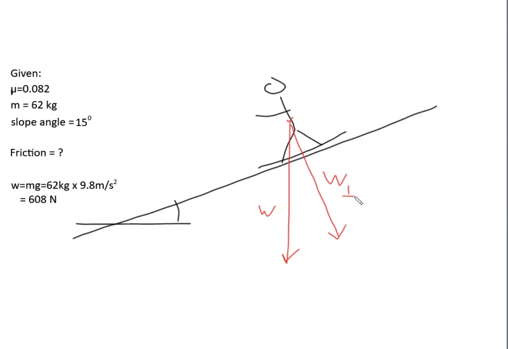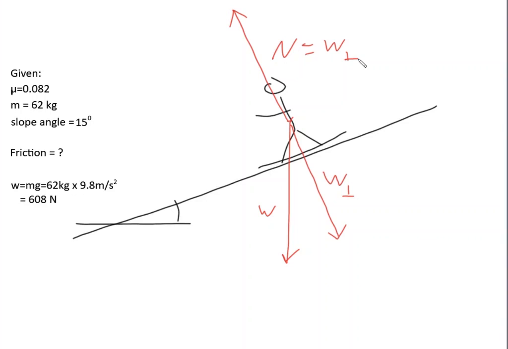Because the perpendicular component matches the normal force, how the surface pushes back against the skier. The normal force is equal to the perpendicular component of the gravity force. Of course, only the magnitude.